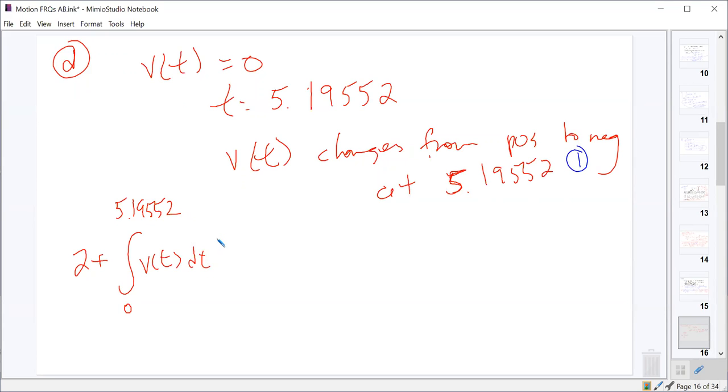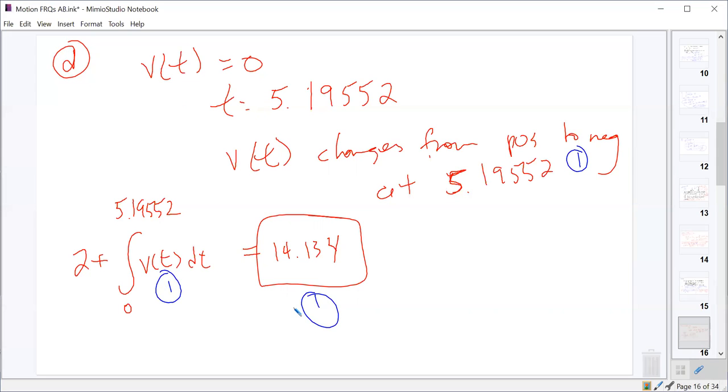And 1 point for setting that integral up correctly, and 1 point for the final answer, which came out to be 14.134. Good or no?